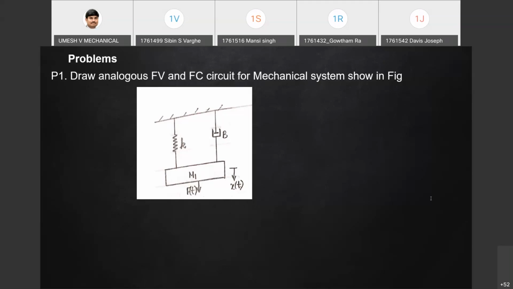Nilima, can you tell me the differential equation for this given mechanical system? What is the input here? What elements are there?